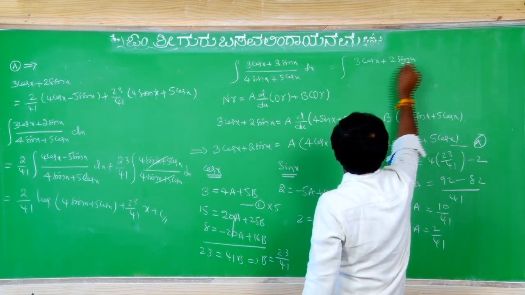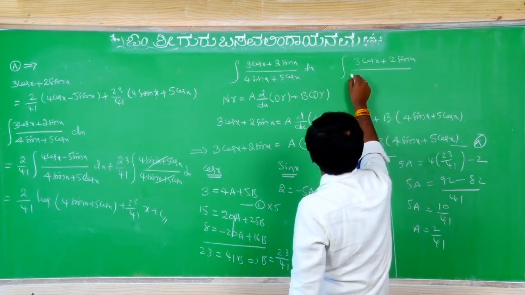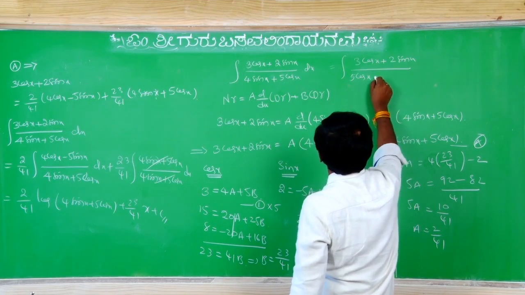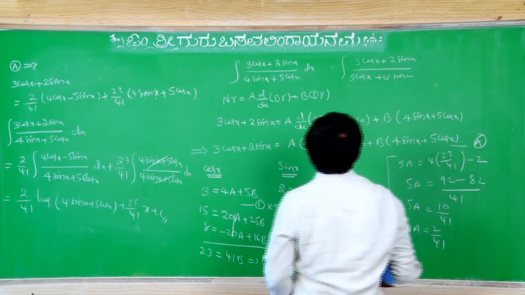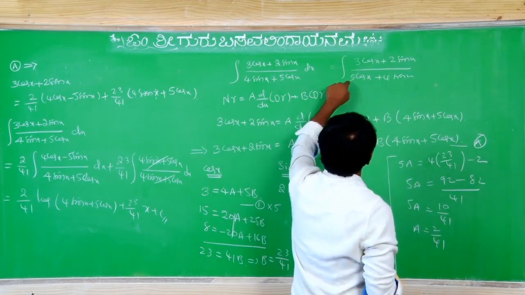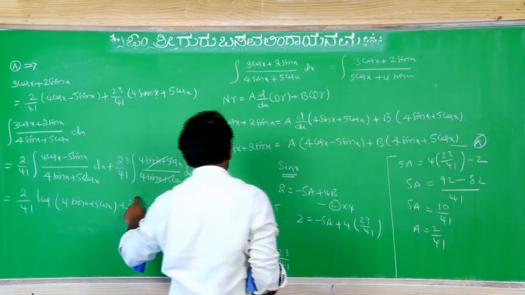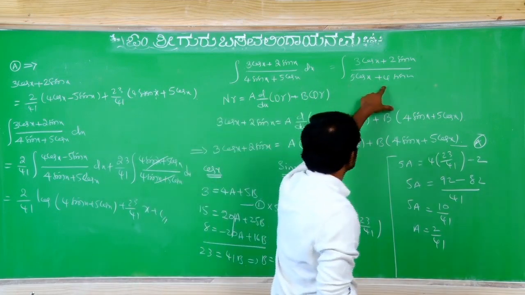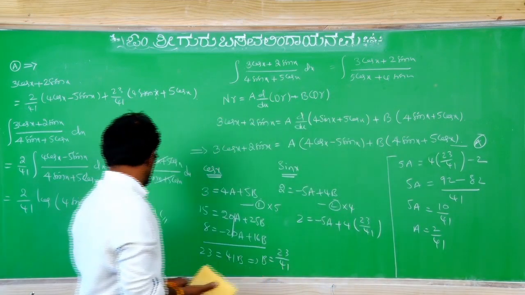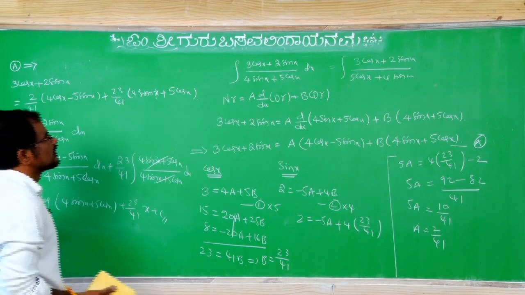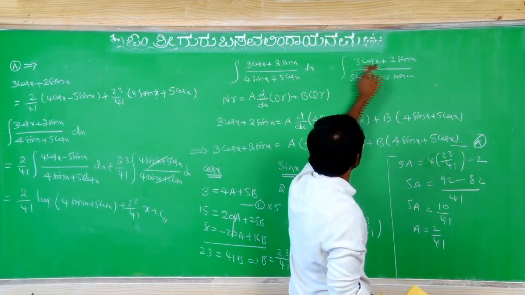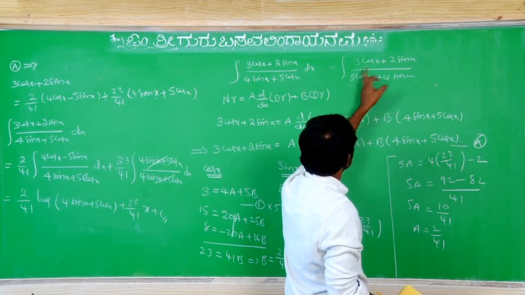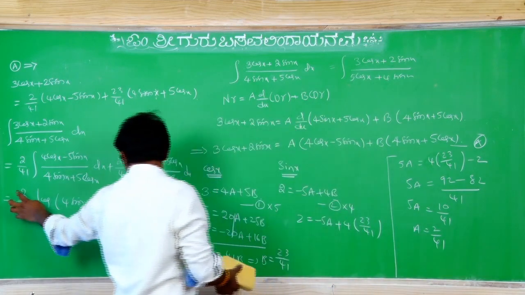To get the A and B values directly, this should be in the form of like this. So here cos, here sin. So 15 plus 8, 23 by 5 square plus 4 square. And for getting A, so AD minus BC, 12 minus 10, 3 into 4, 12 minus 10, 2 by 41.